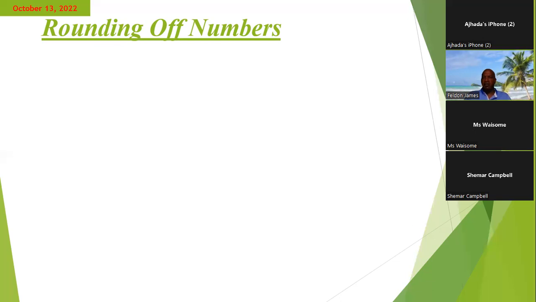And so you may not need all of that bunch of figures after the point. You just need the one closest to what is more meaningful to your value. All right, so that's the purpose of rounding off. Now, can anybody give me the procedure of rounding off?